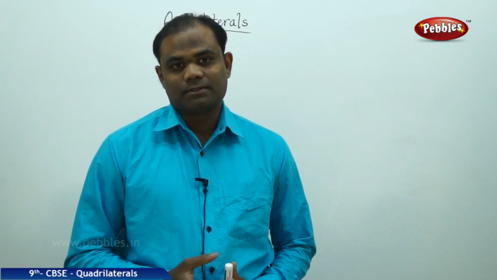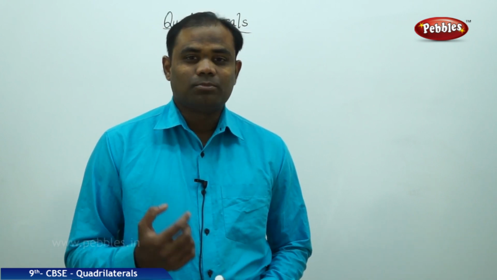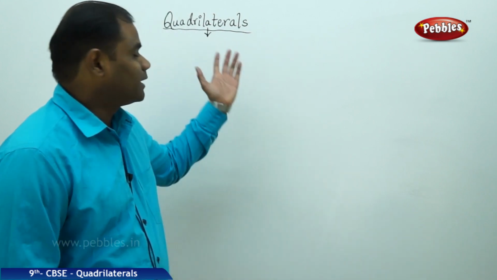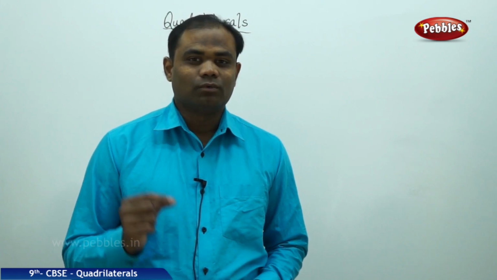Now that we have discussed triangles and quadrilaterals with their varied properties, now comes the most important theorem in the topic of quadrilaterals or in the topic of triangles, called the Midpoint Theorem. So let's see what a midpoint theorem is.